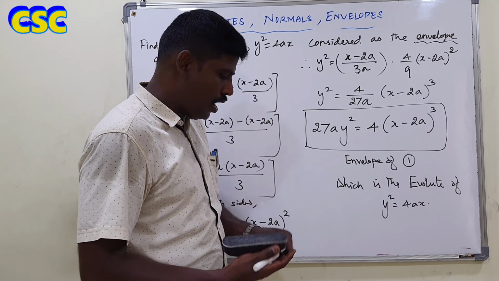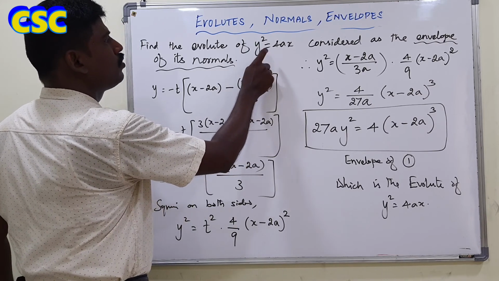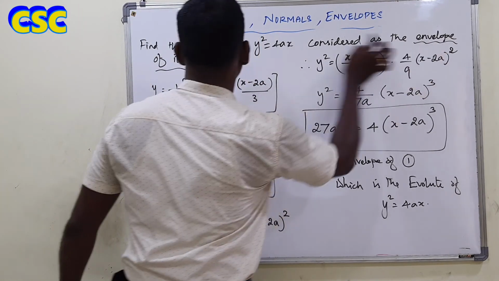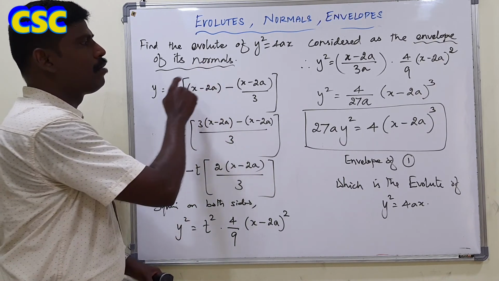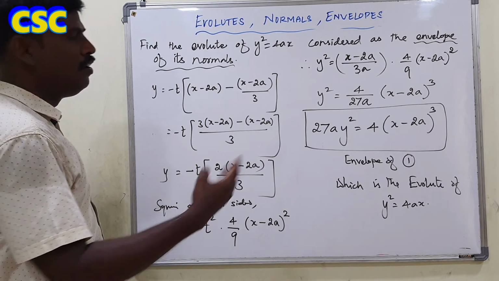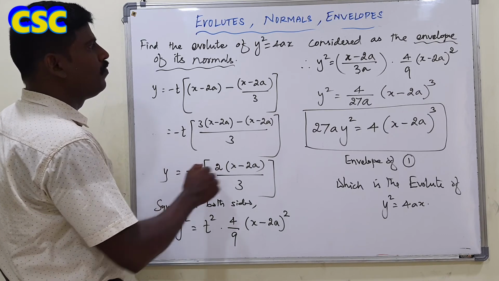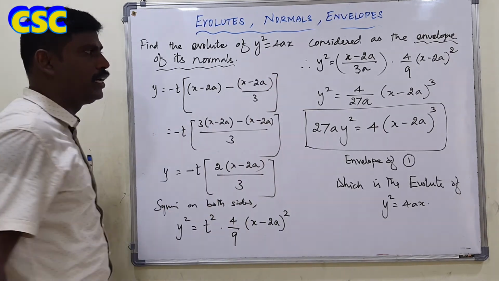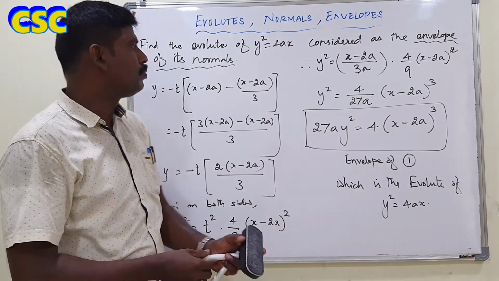So now I find out the evolute of the curve y square is equal to 4ax through the envelope of its normals. Right? First I write the equation of the normal: y minus y1 equal to minus 1 by m into (x minus x1), finding x1, y1 from the parametric form and m from the curve by taking the derivative. After finding x1, y1 and m, substitute in the normal form.